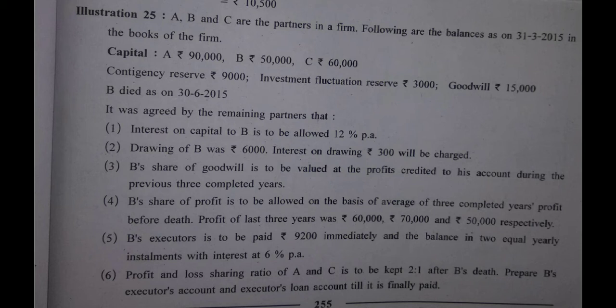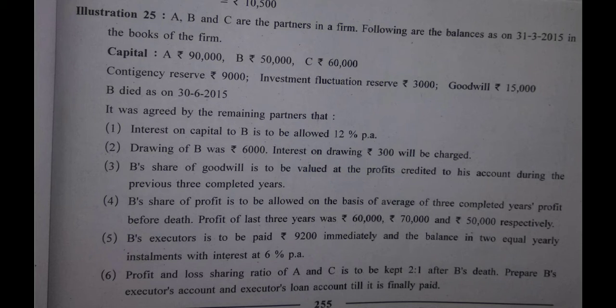See, the balances are given on 31st March 2015. So the accounting year to be considered is 1/4/15, the new accounting year. And where it will end? 31st March 2016. But before the completion of that particular year, B died. Died on which date? 30/6/15.